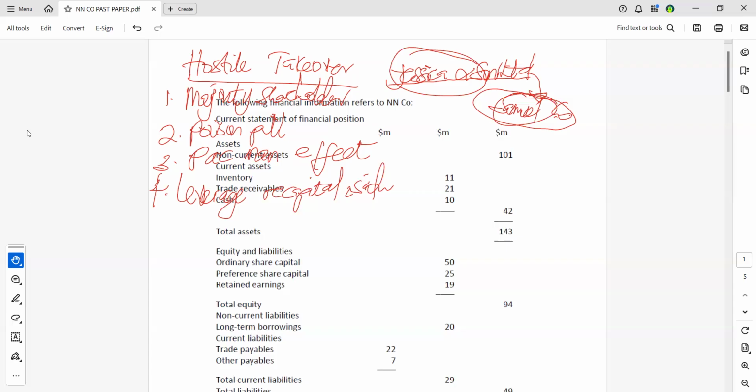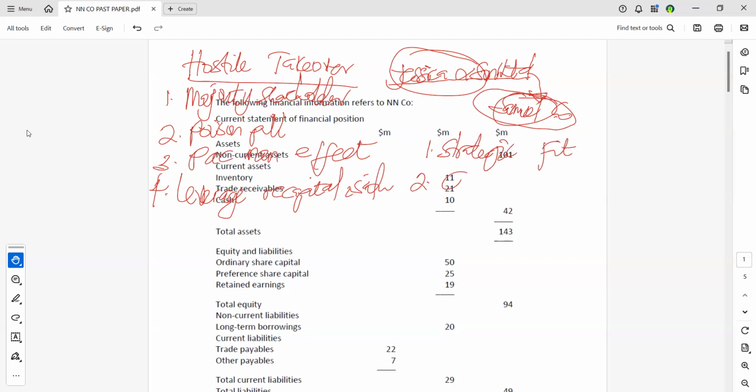Okay. Now let me move away from the techniques that we use to avoid hostile takeover. At least I've made mention of a few. I want to talk about factors that make a takeover or acquisition fail. One of them is strategic fit.